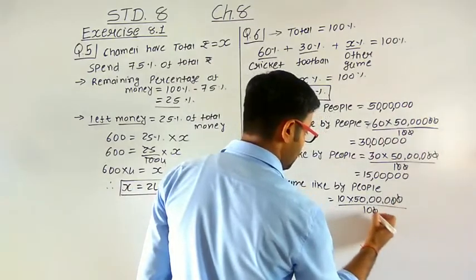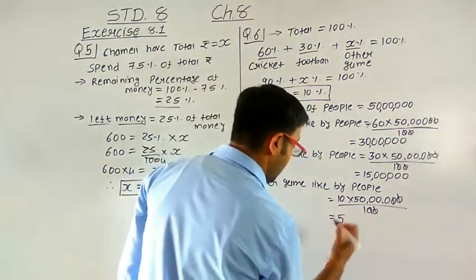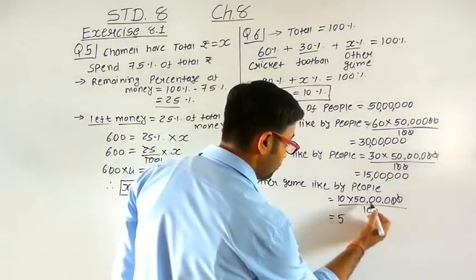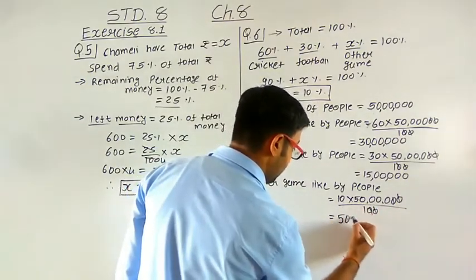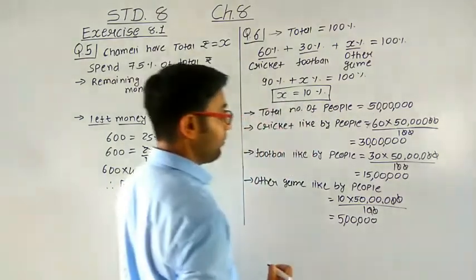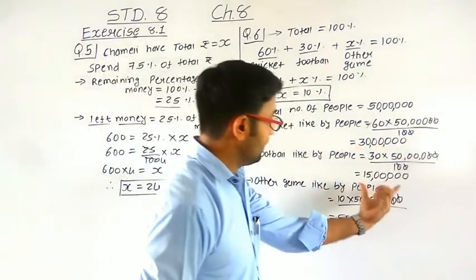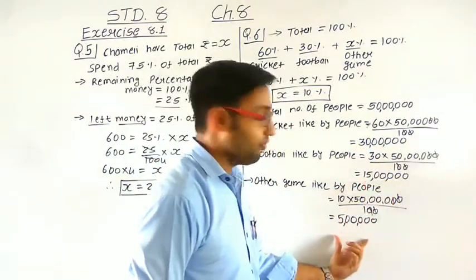Again, when we cut these two zeros, we get 5 into 1. How many zeros are there? 1, 2, 3, 4, 5. That is the figure we get: 5 lakh. So the total here is 30 lakh, here 15 lakh, and here 5 lakh.